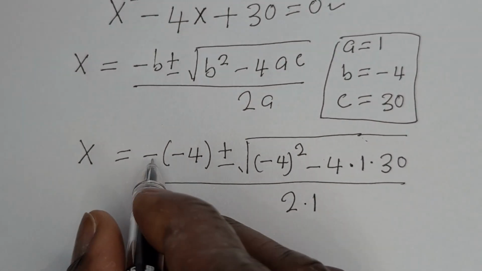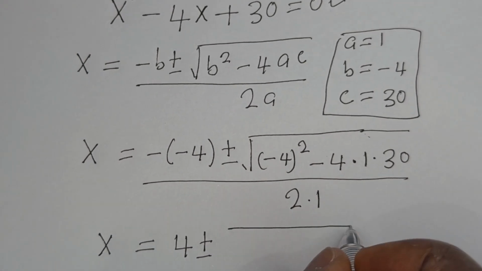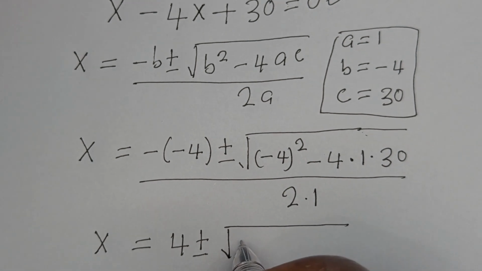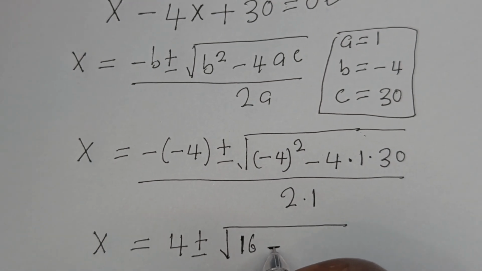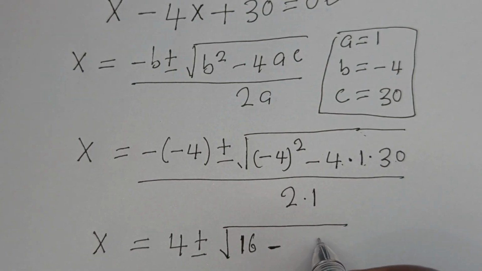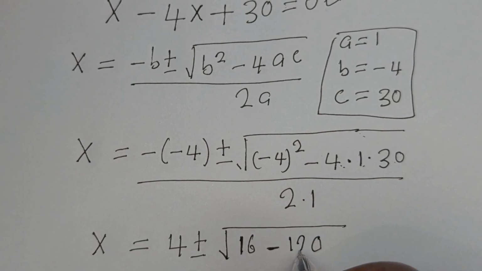x is equal to minus times minus 4. This is 4 plus or minus square root of minus 4 square, that is 16, minus 4 multiplied by 1 multiplied by 30. 4 times 0, that is 0. And 4 times 3, that is 12, 120.